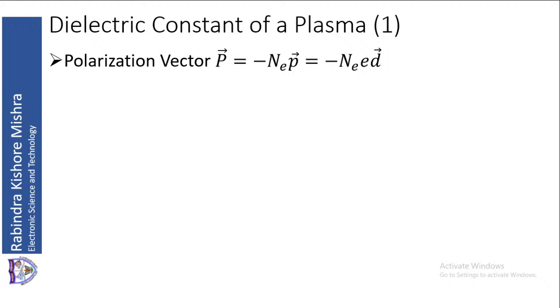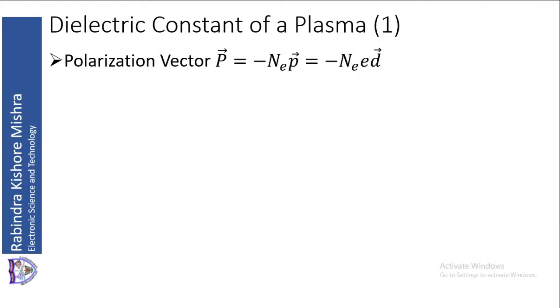get accelerated. They will be oriented along the field. Now we know the mass of the ions, which are the positive charge, is much greater than the electrons. So the motion of the ions can be neglected compared to the motion of the electrons.